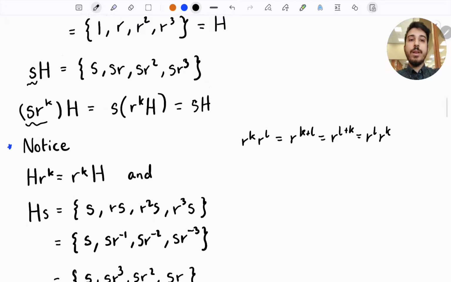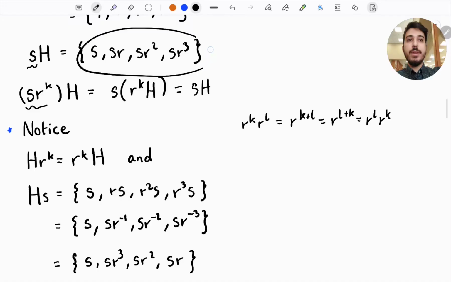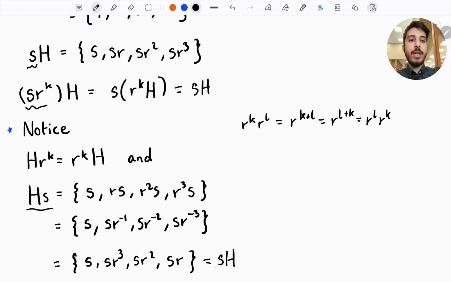So at the end of the day, we obtain the exact same set here, just that the elements are put in a different order, but in set theory, it does not matter. These two sets are equal. So we find out again that left and right coset is equal. So for R to the K and for S, we have equality.